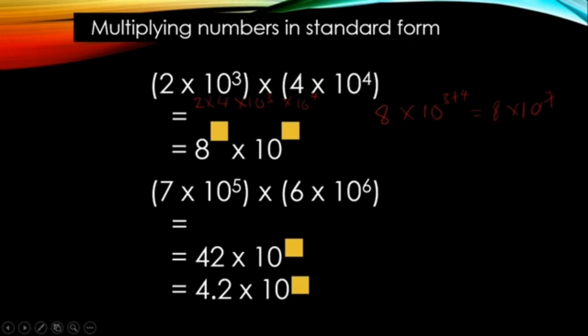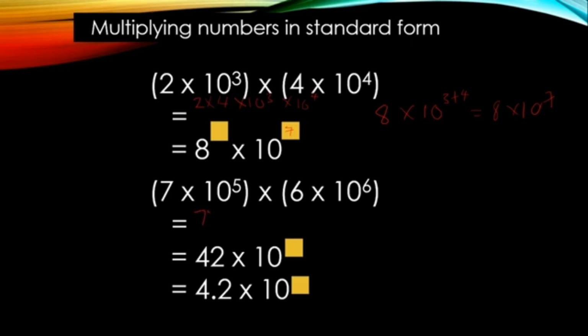So it will be the same as 8 to the power 1 times 10. 8 to the power 1, of course, just leave it like this: 8 times 10 to the power 7. Okay, another one: 7 times 10 to the power 5 times 6 times 10 to the power 6.